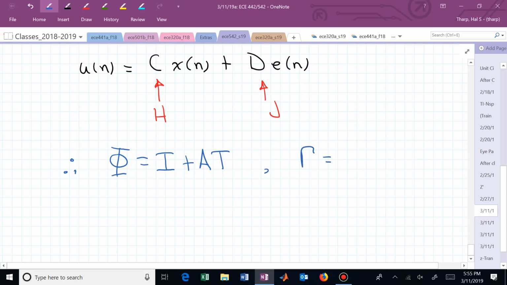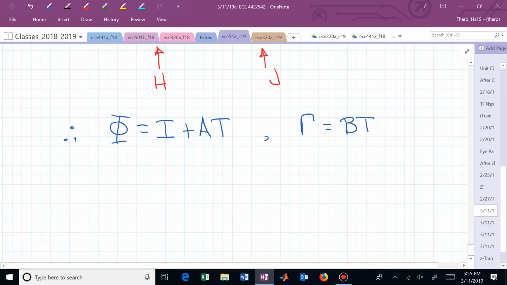The input matrix, we simply scale the continuous time input matrix with the sample period, capital T. The output matrix is identical in both representations, as is the direct feed-through term.